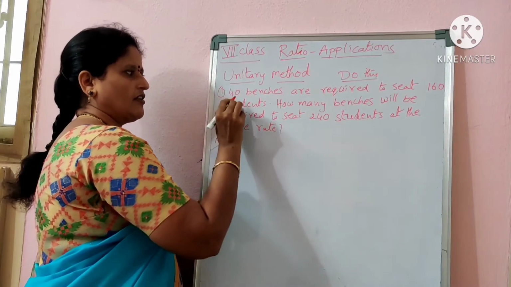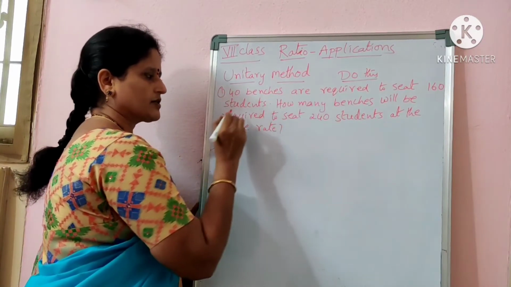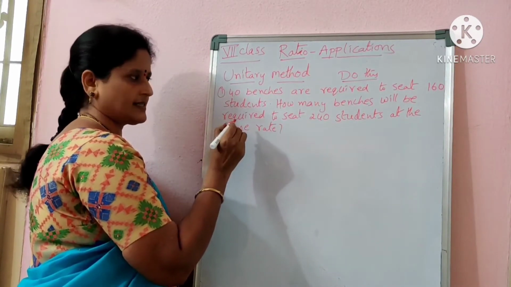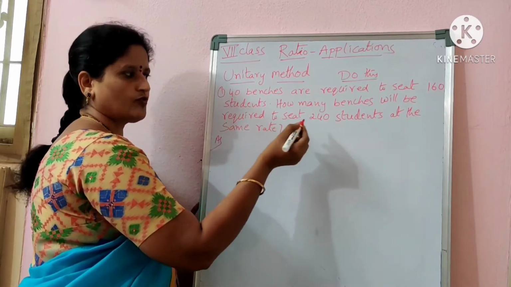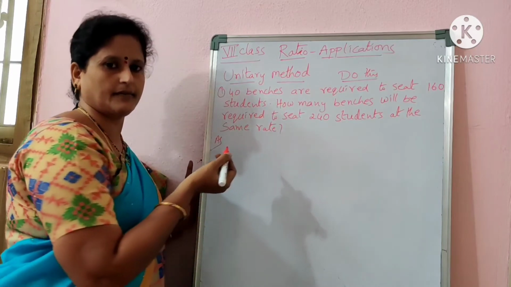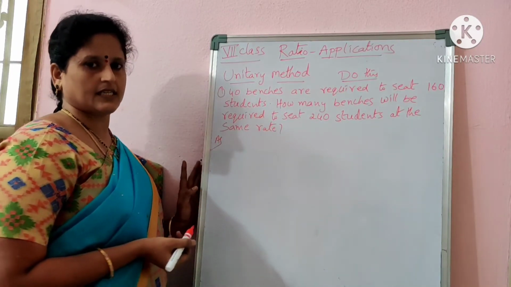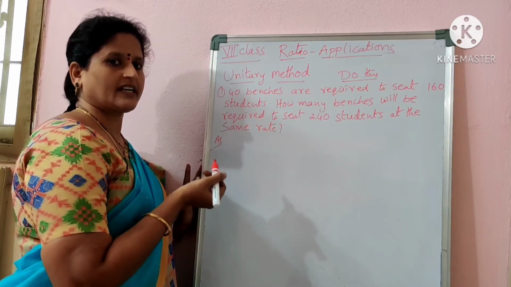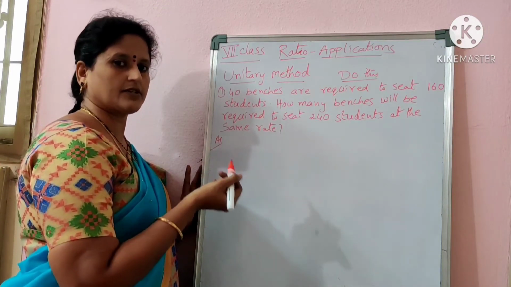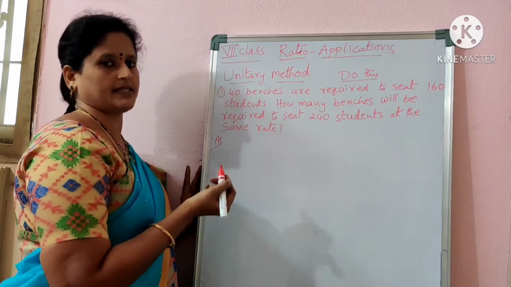First question. 40 benches are required to seat 160 students. How many benches will be required to seat 240 students at the same rate? First, we find the number of students required to seat 1 bench.